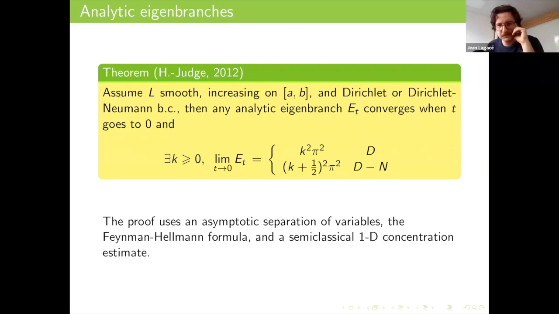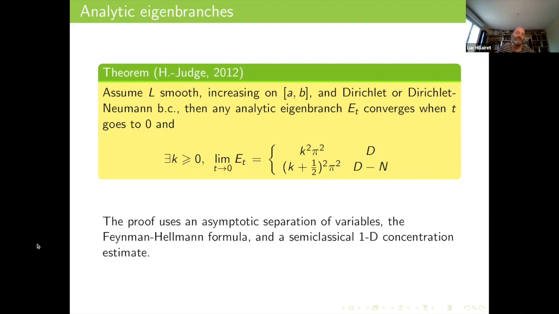Thanks. And so this is one theorem that we've proved with Chris some time ago. If you assume that L is smooth and increasing on AB, and you take Dirichlet or Dirichlet-Neumann transverse boundary condition, then first, any analytic eigenbranch E(T) converges when T goes to 0.